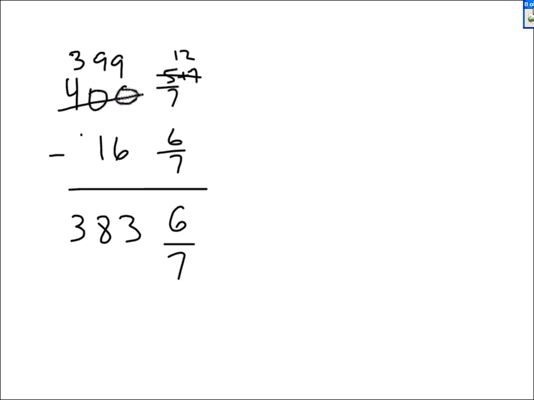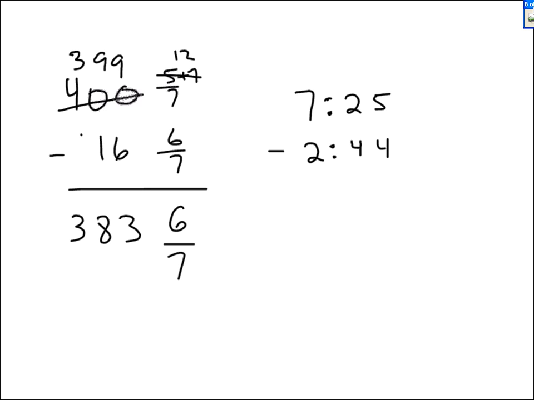Let's try one more. Suppose it's now 7, so this is a different problem. It's 7 o'clock and 25 minutes. It's 7:25. And you want to know for one reason or another what time it was 2 hours and 44 minutes ago.